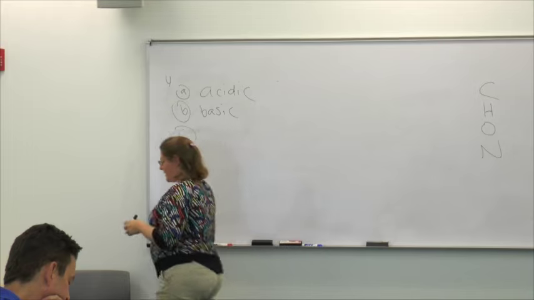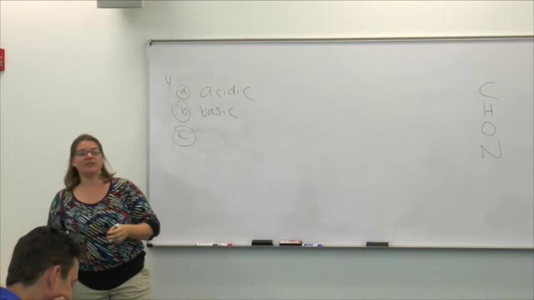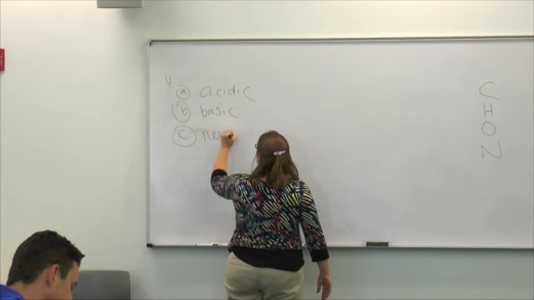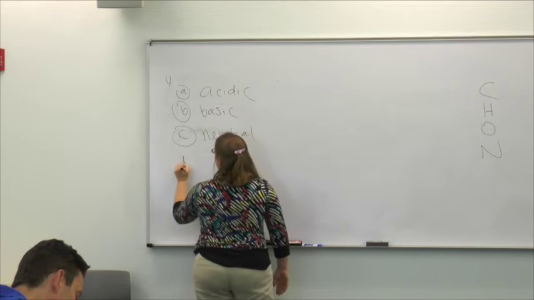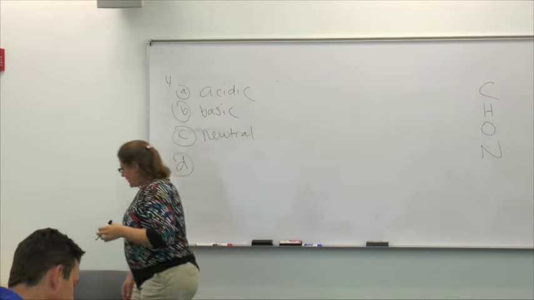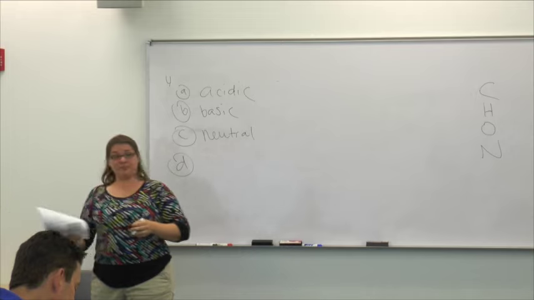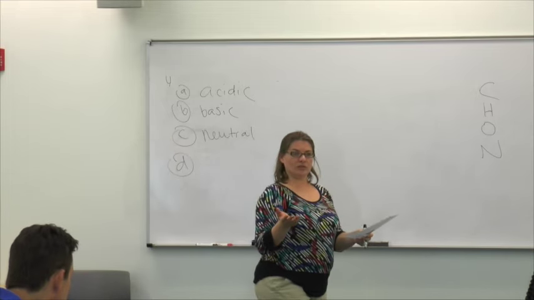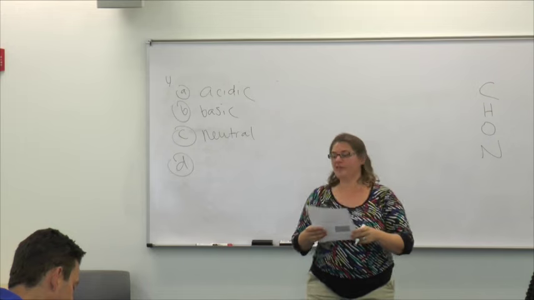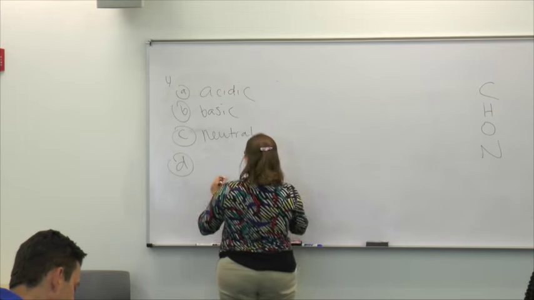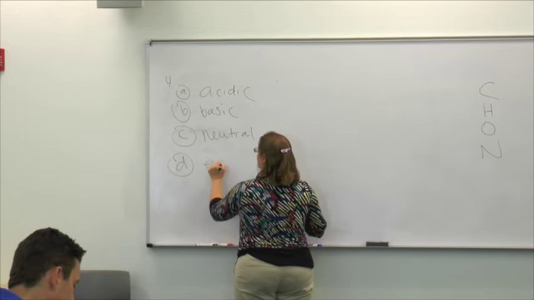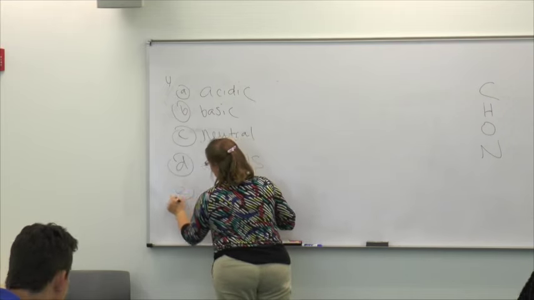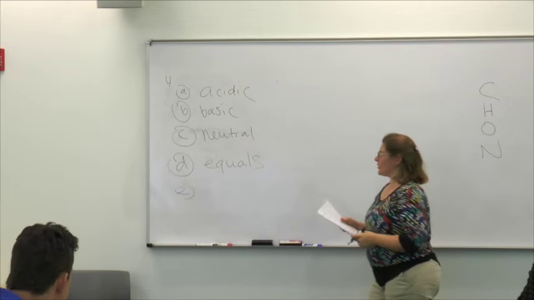And letter C, a solution with a pH of 7 is a neutral solution. Letter D, in a neutral solution, the number of hydroxide ions equals the number of hydrogen ions, right? We're talking about a neutral solution, so that's going to just be equals, or is equal to, same thing.